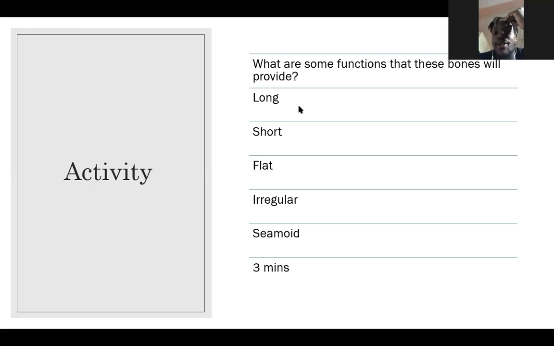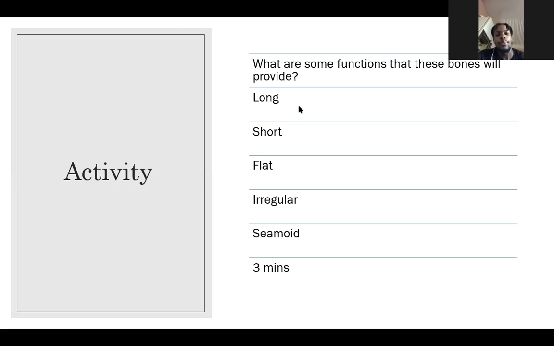All right. So long bones. I would say to withstand pressure, like your tibia, your femur, right?